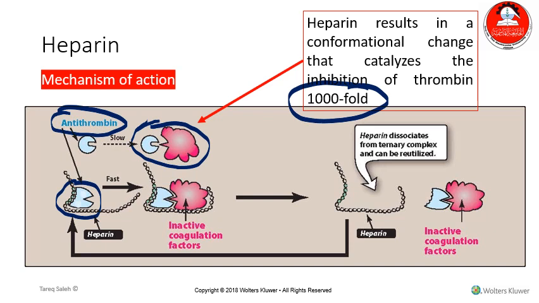So heparin does not directly inhibit the function of thrombin or factor 10. On the other hand, heparin binds to antithrombin, resulting in a conformational change in antithrombin, causing it to more rapidly inactivate thrombin and factor 10.